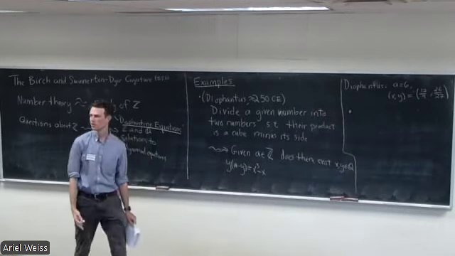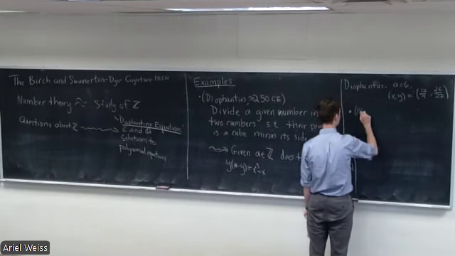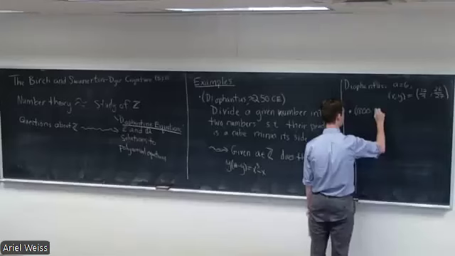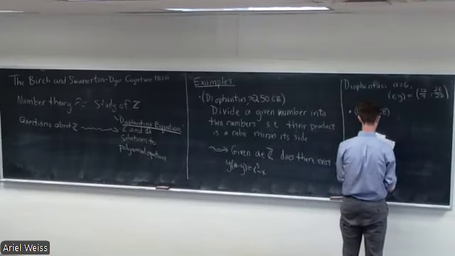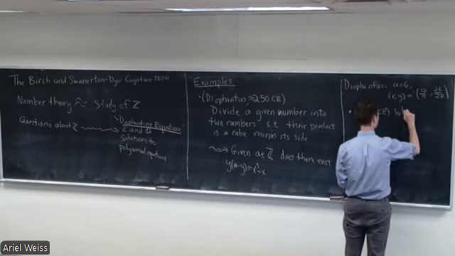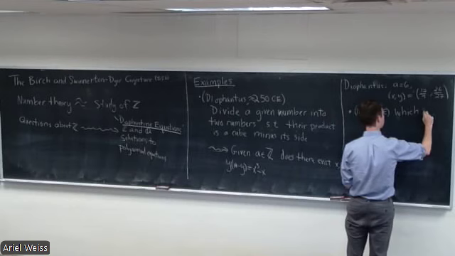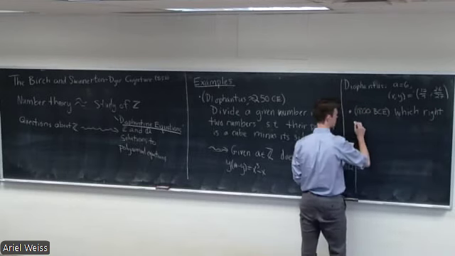The second example I want to mention goes back even before Diophantus. It's the question of which right triangles have integer side lengths.